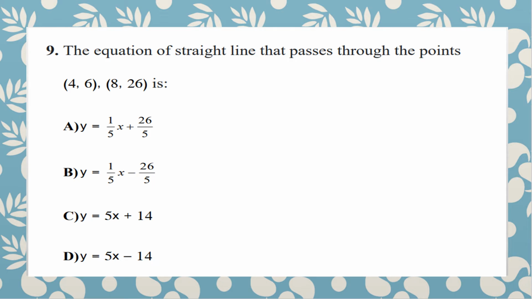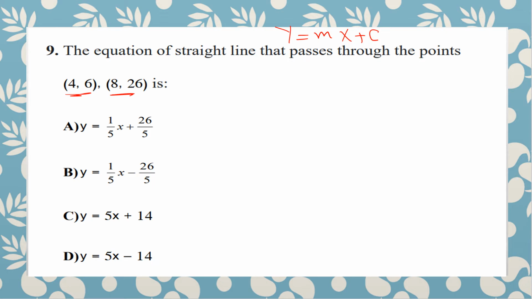Again, the equation of a straight line that passes through the points (4, 6) and (8, 26). We have a formula to find the equation of the straight line, which is y equals mx plus c. You can find this equation if you have the slope and the y-intercept, which is c, or by two given points.